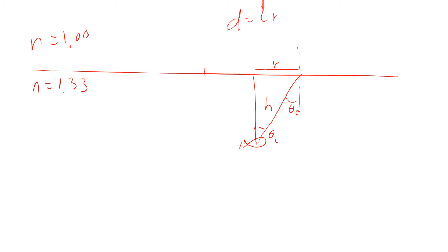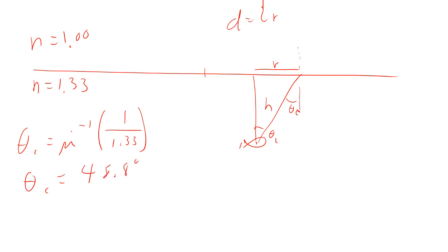So the critical angle is going to be the inverse sine of 1 over 1.33. So the critical angle turns out to be 48.8 degrees. We look at our diagram and see the tangent of the critical angle is going to be r over h.